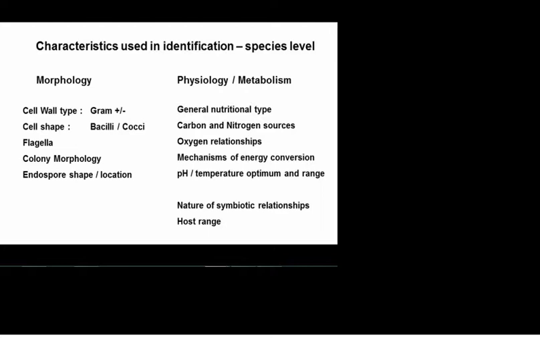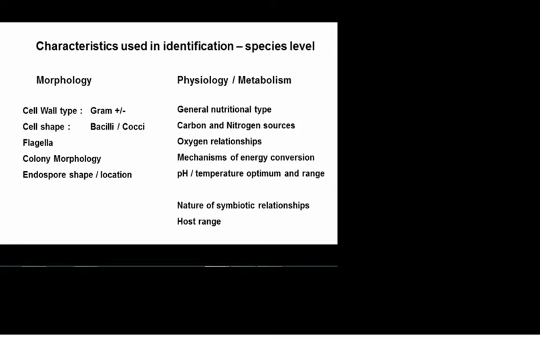Oxygen relationships, aerobic, anaerobic, facultative anaerobe, strict anaerobe. Mechanisms of energy conversion, whether it's photosynthetic, non-photosynthetic, whether they're thermophilic, mesophilic, psychrophilic, whether they like acid or not. So a bunch of growth characteristics here.